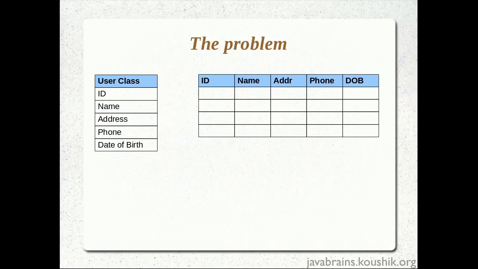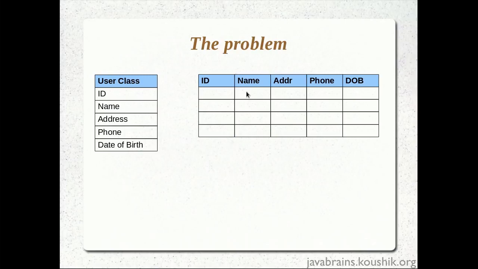Now I would take this user object and pull out all these fields, and I would create a SQL query that would do an insert, and I would insert it into this database. So depending on what the user's information is, those data would go as a SQL query and it would do the insert. The same way, if I need to create the user object, I would have to do a select on this table, and once I do a select, I would probably get a record set.